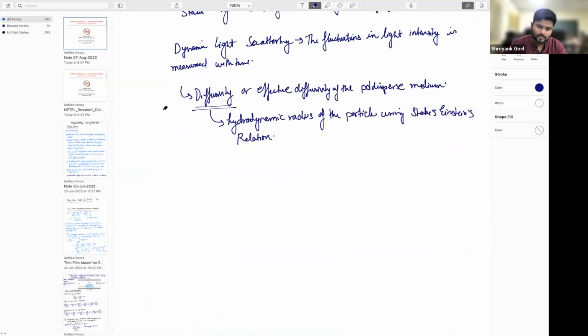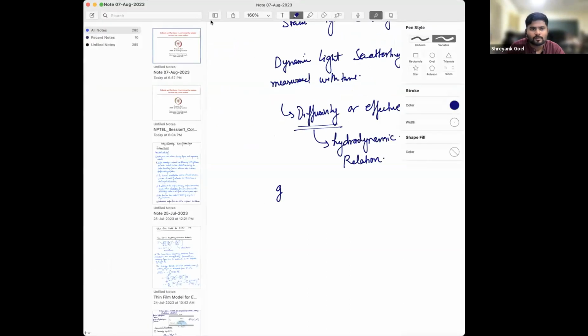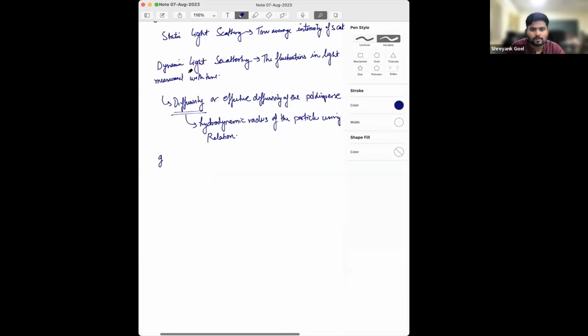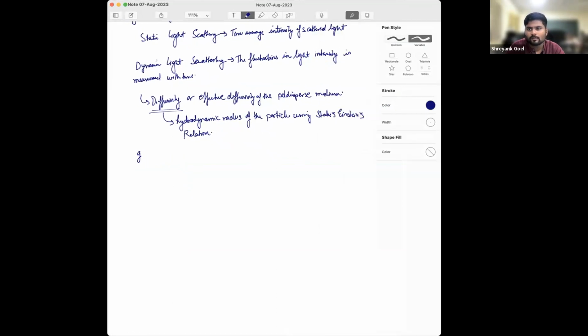In dynamic light scattering, there is a relation, generally called the second-order correlation function, that relates the intensity, a function that varies with time.